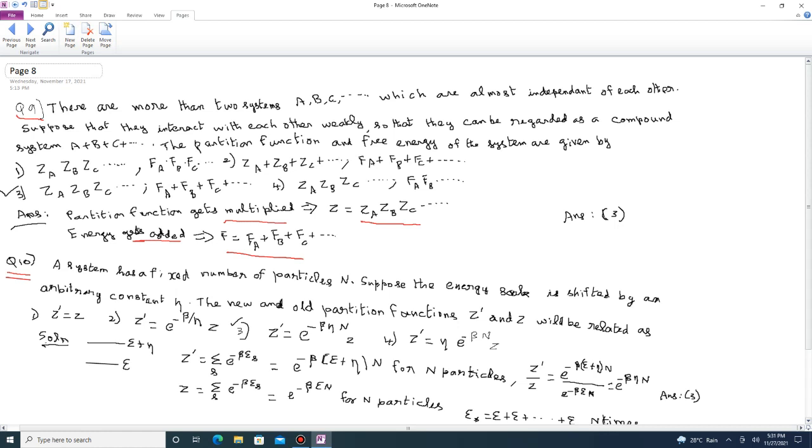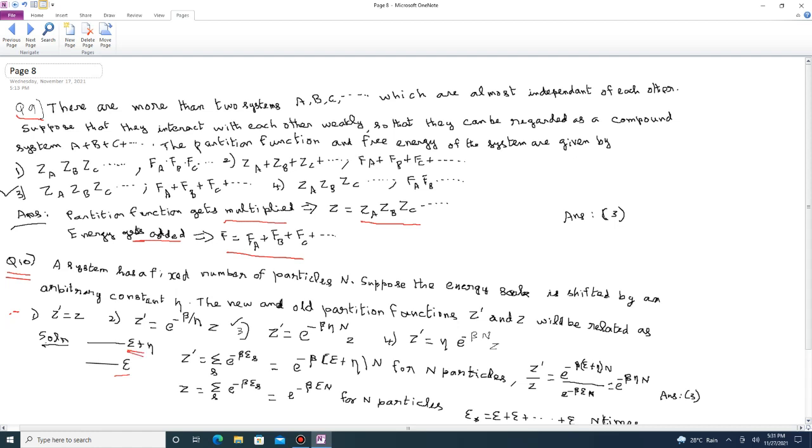So the solution is, see, the first one has energy E, and it is shifted by eta.